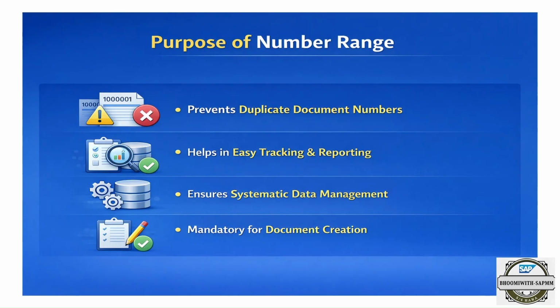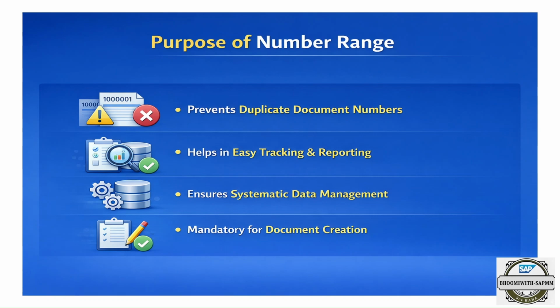Purpose of number range. Now let's understand the purpose of number range in SAP MM. First, number range prevents duplicate document numbers. Each document gets a unique number, so the same number is never repeated. Second, it helps in easy tracking and reporting because every document has a unique number.